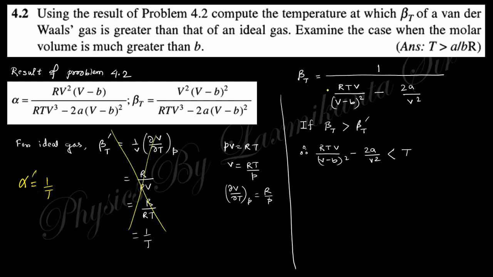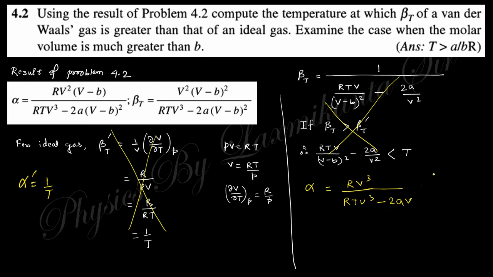So you need to take alpha here. If you consider alpha here, del v cube r v cube r t v cube minus 2 a v, like that.